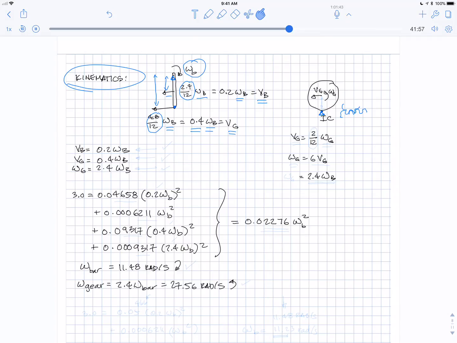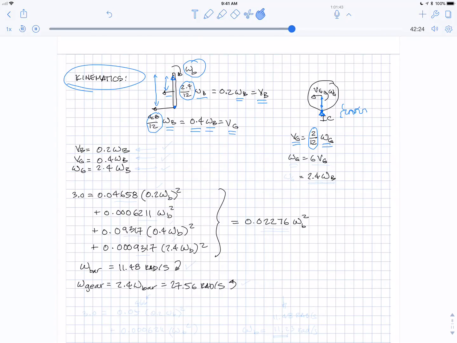Can we get rid of the omega of the gear in terms of omega of the bar? So now let's look at the gear. The point that's not moving is the bottom because that's where the teeth are meshing. And so we know that the velocity of the gear, which we know is 0.4 omega b, is this distance, which is 2 inches, turned into feet, 2 over 12, times omega of the gear.